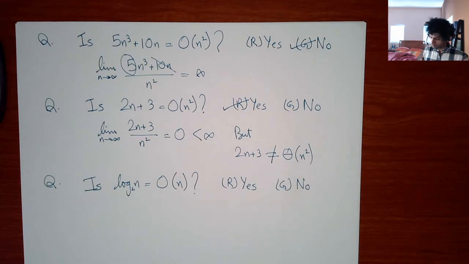Right, so is log base 2 of n O of n? So there's more divergence for this question. Or actually, again, it's going 60-40.